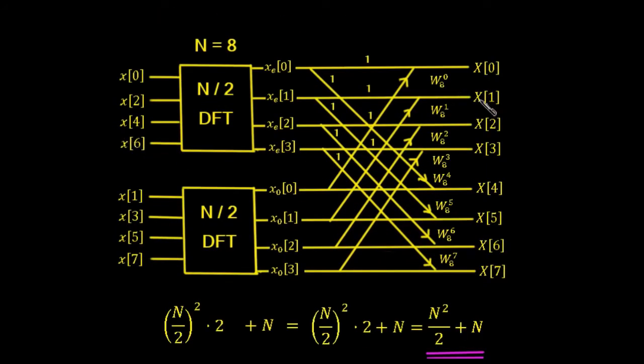Now the next one here is going to be x1, so x1 is going to be the even part of x1 plus the odd part of x1 multiplied by the twiddle factor W1 subscript 8, and so on and so forth all the way down.